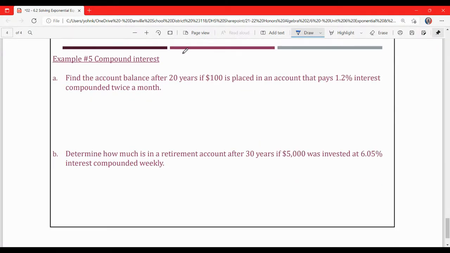So we can use this formula to calculate. I'll write the formula at the top: A equals P times 1 plus r over n to the nt power. Find the account balance after 20 years. That's your t. If $100, that's your P, is placed into an account that pays 1.2%, that's your r, with interest compounded twice a month, that's going to be your n. So I have A equals, my principal is 100, times 1 plus, my r value is 0.012.